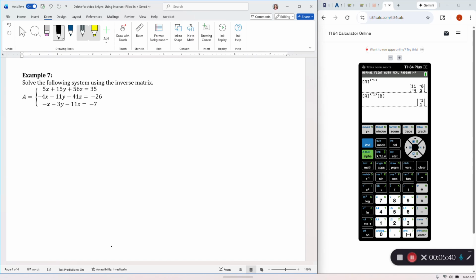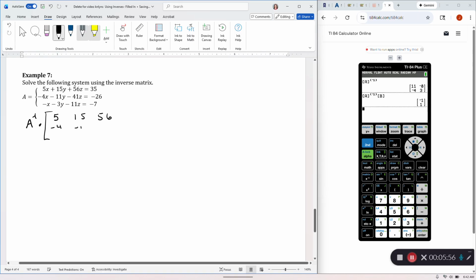So for this one, it's going to look like this. We're going to have the inverse, whatever it is, right? And we have our matrix A, which is this one: 5, 15, 56, 4, negative 41.